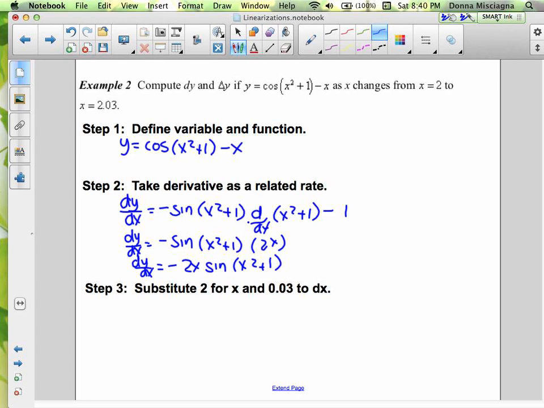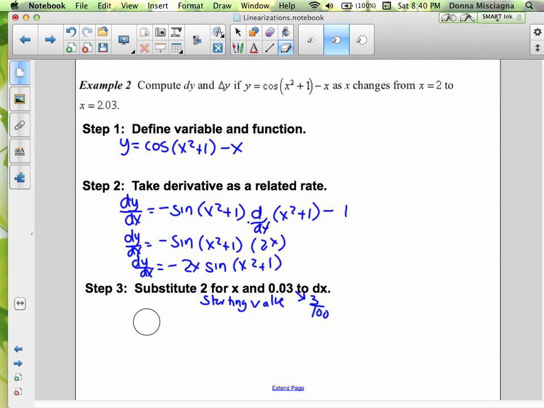Now we can substitute 2 for x. That's our starting value. Oh, sorry, it says dx, and that's the same as 3/100ths. Make it a fraction.